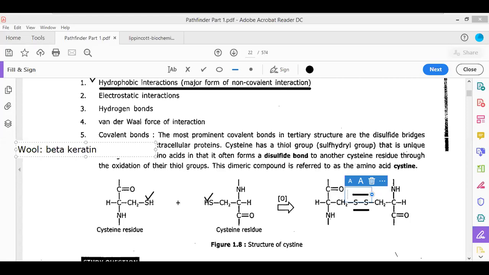This beta keratin is quite soft because it lacks disulfide linkages, it lacks S-S linkages. Okay, this is very important. Wool contains beta keratin because it lacks the disulfide linkages within itself.